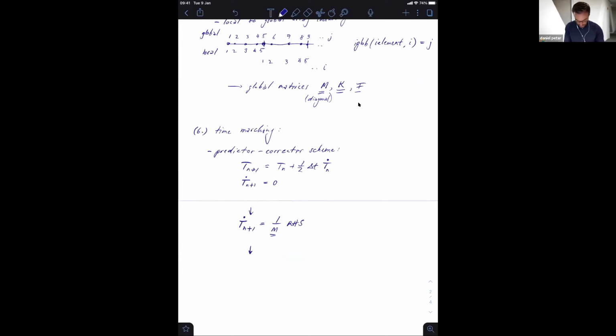And then with this, we can update or correct the temperature field with this correction term, 1/2 of the derivative of T. So this would be the predictor step. And then this is a corrector step.